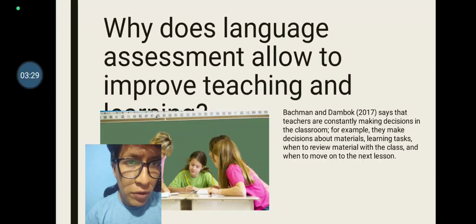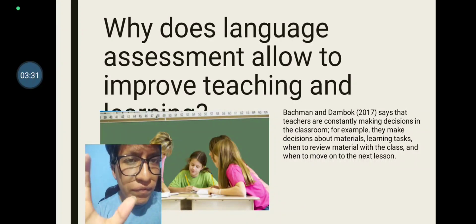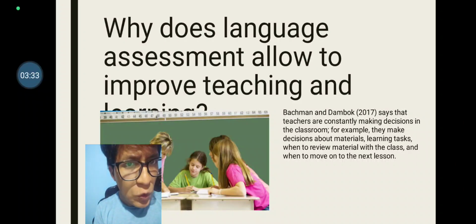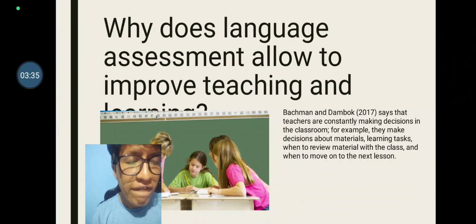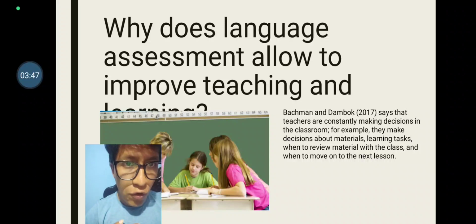So language assessment has a lot of relation with improving teaching and learning, because it is the feedback we need from the learners.